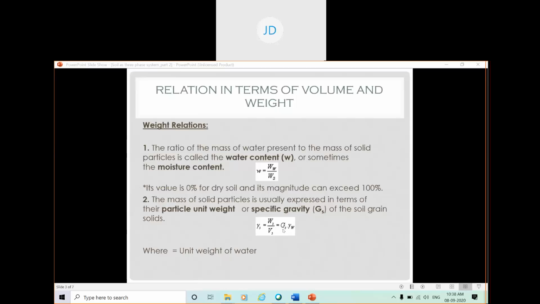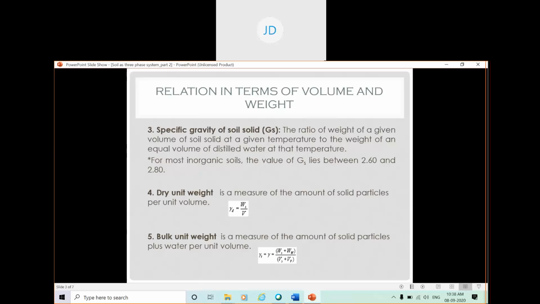Fine. Now we'll come to this capital Gs. Now what is capital Gs? It is specific gravity of soil solid or soil grain. So what is specific gravity?